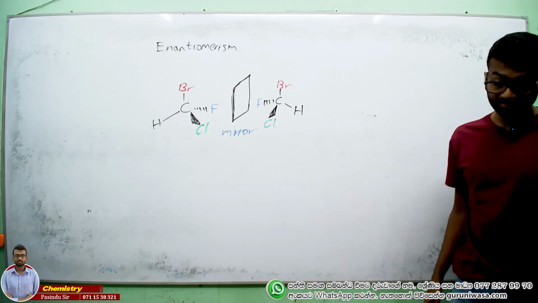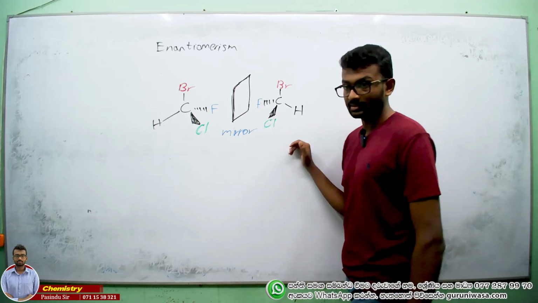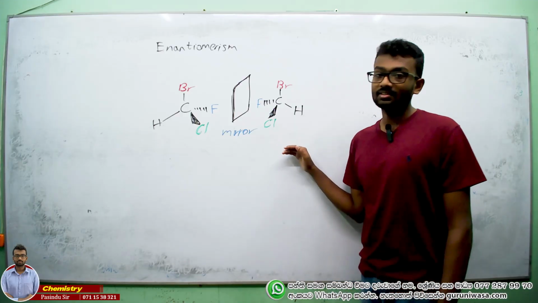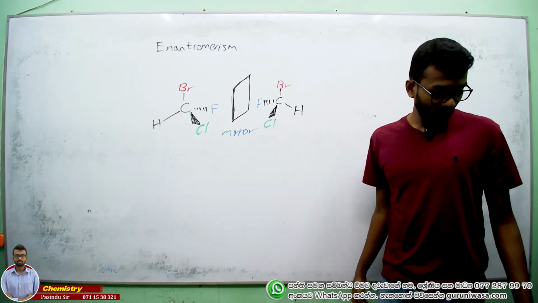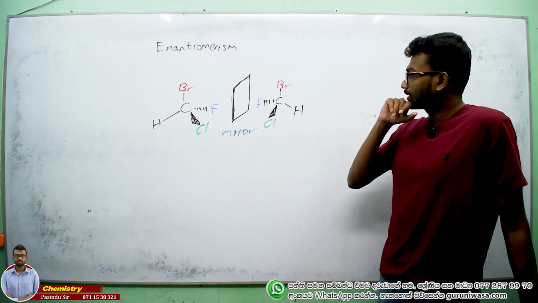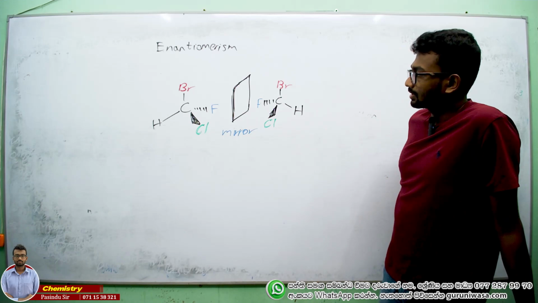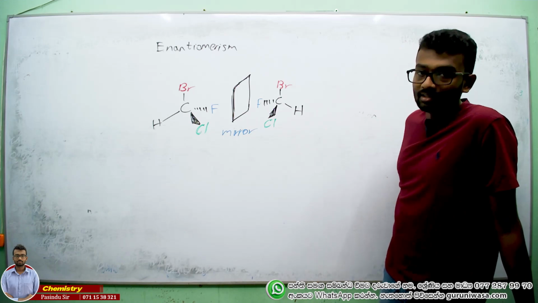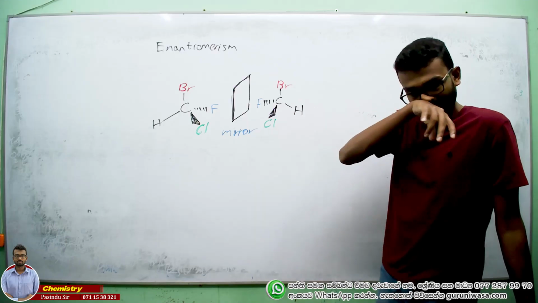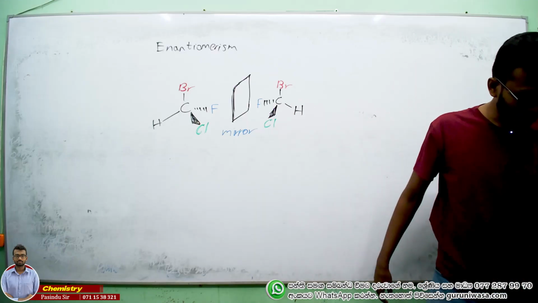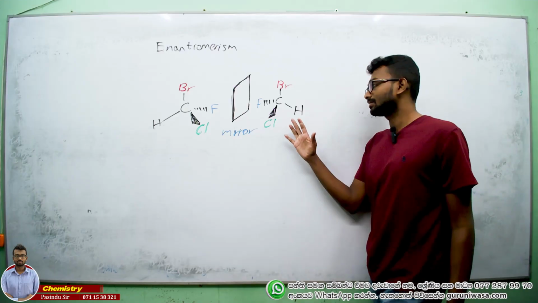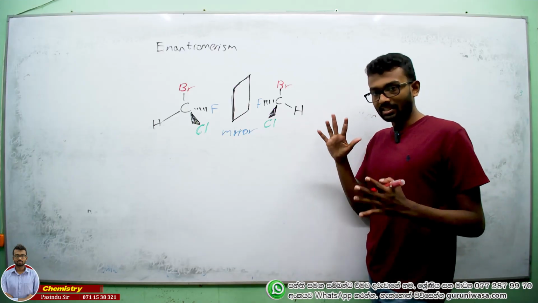This kind of isomers we call enantiomers, right? Or we especially call chiral carbon. This kind of carbon we call chiral carbon. So how do you find this kind of arrangement?